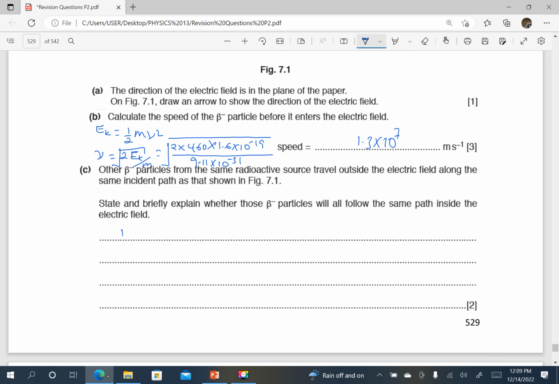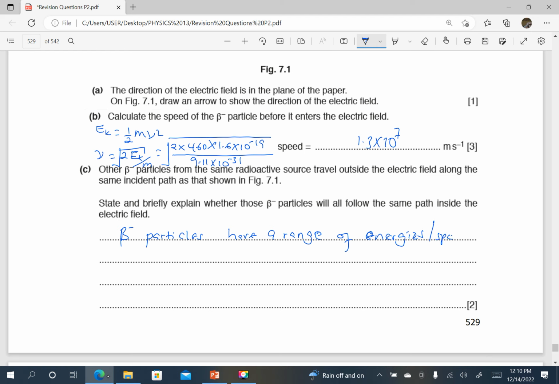So we shall simply say that beta minus particles have a range of energies or speeds.